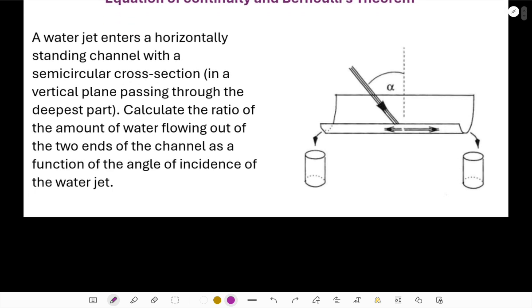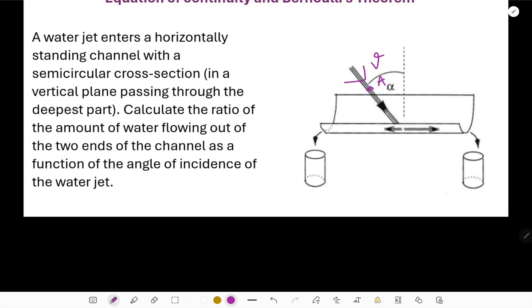And to do so, let us denote the velocity of the water jet entering the semicircular cross section as V, and the velocities and cross section areas of the water jet flowing out to the right and the left. I also need to consider its cross sectional area.